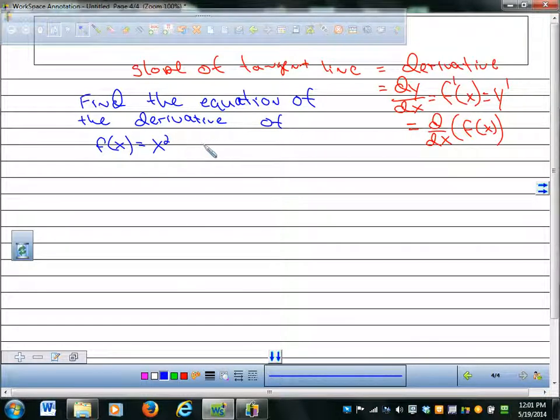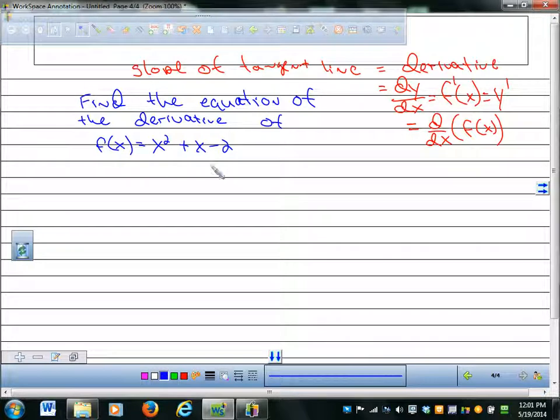This is a really good thing to be able to do, because instead of just finding the slope at a specific point, if you have the equation of the derivative, you can find the slope at any point.